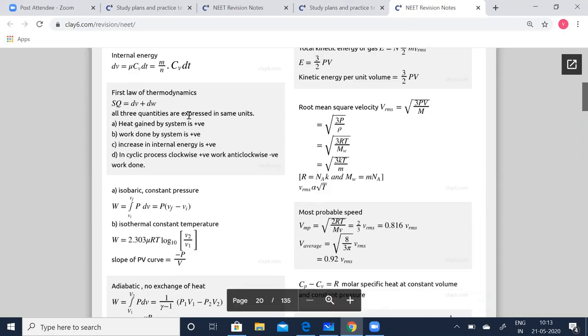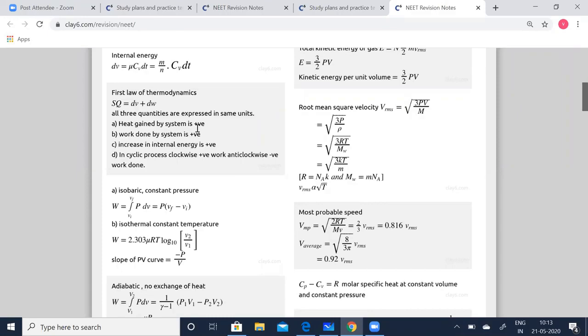Now all the three quantities are expressed in the same units. It should have been dQ, not SQ. Note that, children: dQ is equal to dU plus dW. All the three quantities, that is dQ, dU and dW, are expressed in the same units.